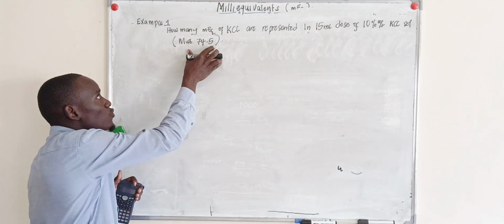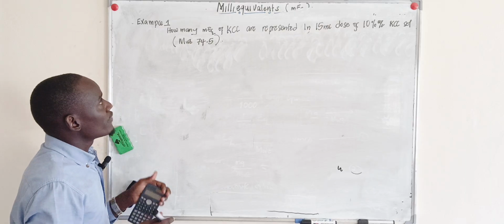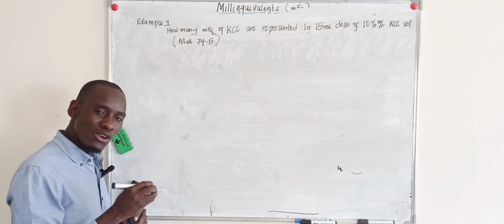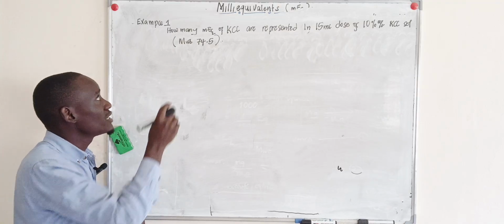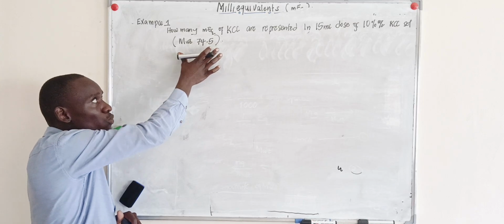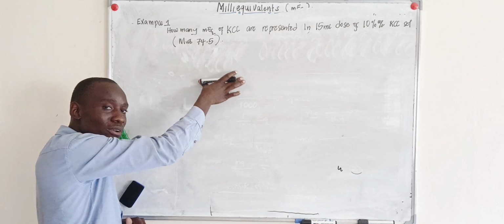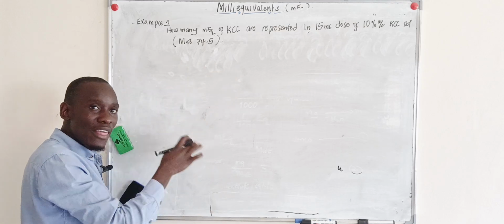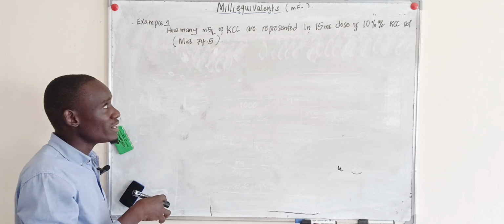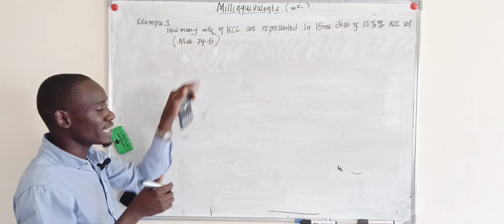They have provided us with the molecular weight of potassium chloride. So the beginning point here is to first calculate the equivalent weight of potassium chloride, because we know that equivalent weight is the amount in milligrams equal to 1,000th of its gram equivalent weight.